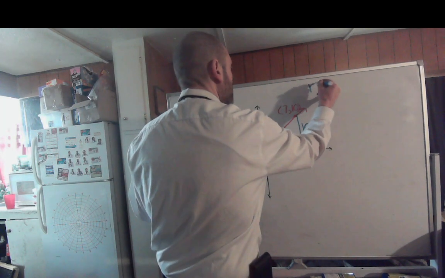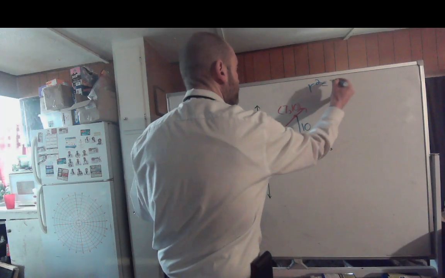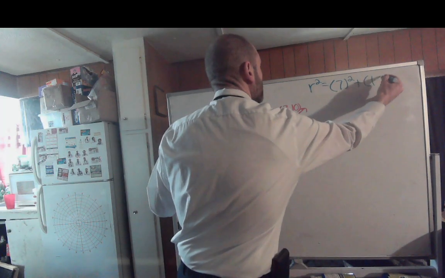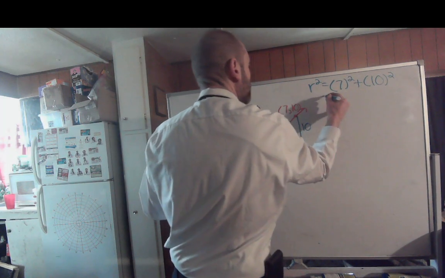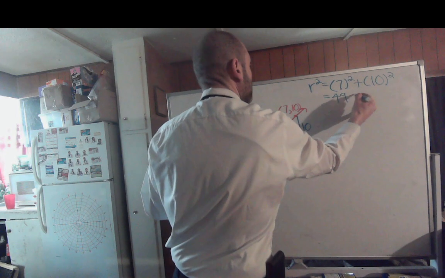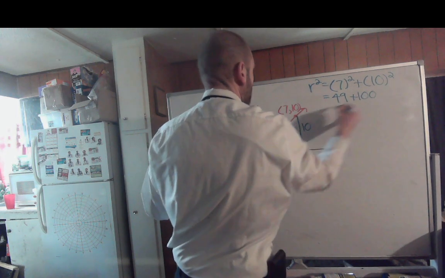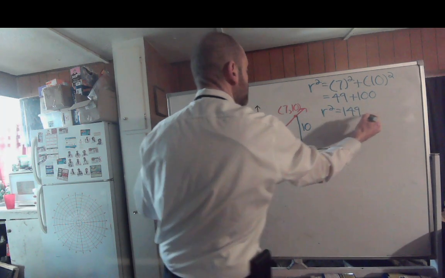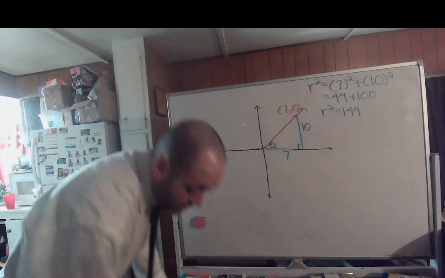So r squared would then equal that 7 squared plus that 10 squared, which would give us 49 plus 100, which then means that r squared equals 149. Let's see if 149 breaks down at all.